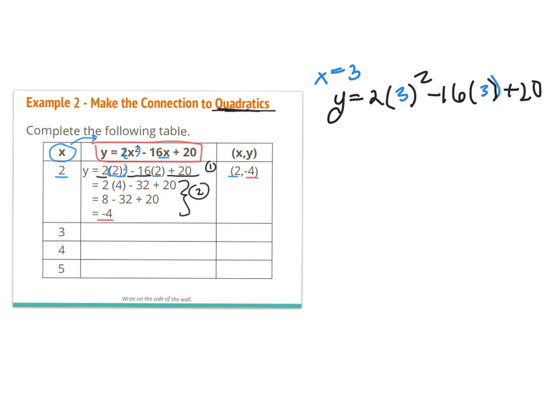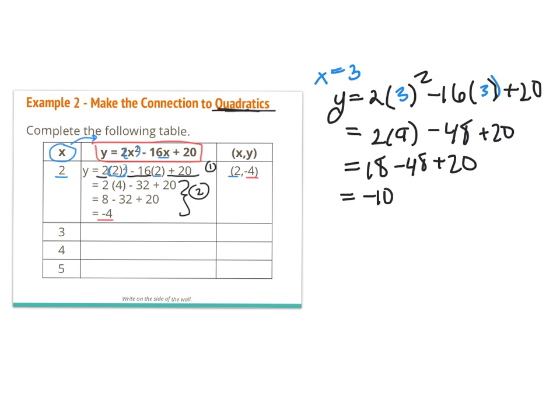But first, in this case, you will have 3 squared is going to be 2 times 9. Minus 16 times 3, which is minus 48, plus 20. 2 times 9 is 18. Minus 48, plus 20. 18 minus 48 is going to be -30. Plus 20 is going to be -10. So that's going to be my y coordinate.